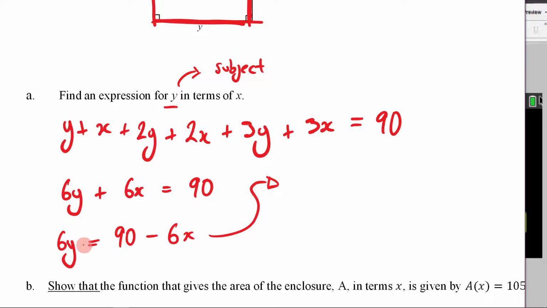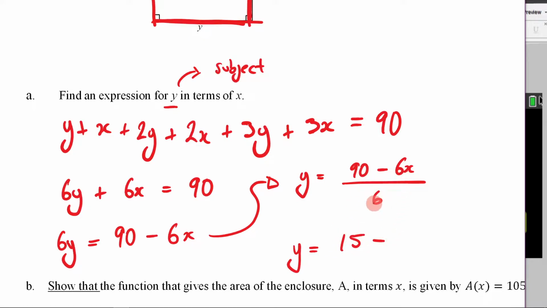And I now need to get rid of this 6, so I'm going to divide both sides by 6. Whenever you can, you must simplify. 90 divided by 6 is 15, and 6 divided by 6 is 1, so it's just going to be 15 minus x. That right there is my answer. As you can see, y is the subject, in terms of x, meaning x is there.